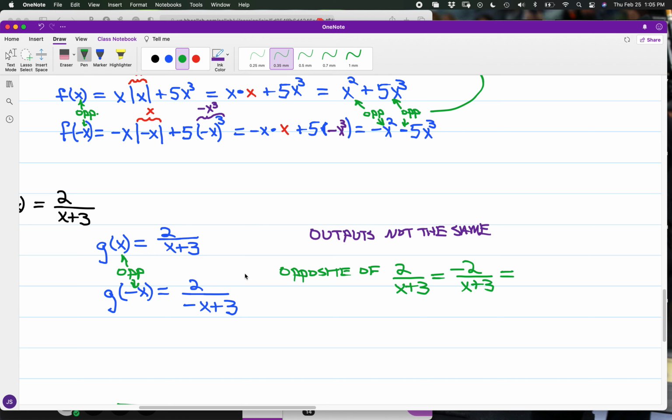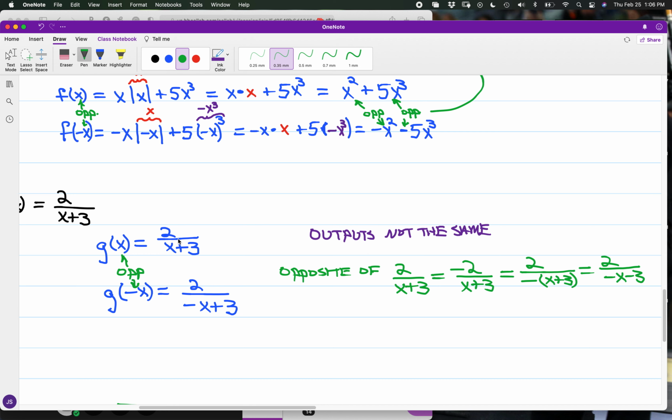But let's say I kept the 2 positive and shifted the negative over to x plus 3. So this would be 2 over negative x minus 3.